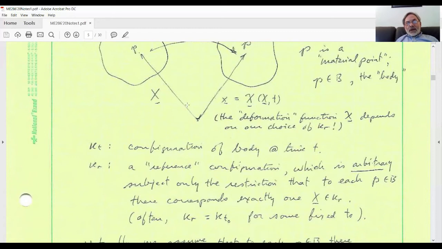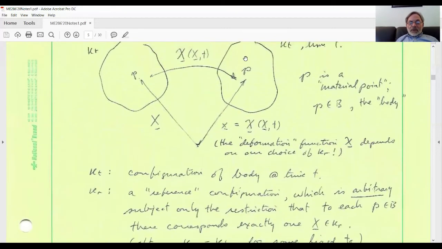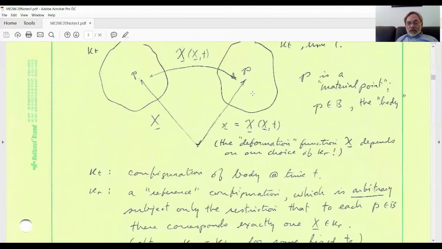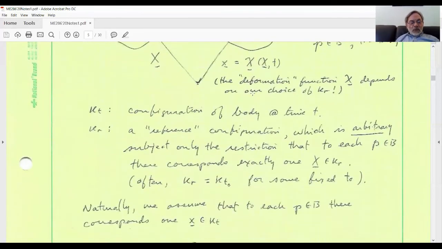So the body is in one-to-one correspondence, fixed one-to-one correspondence with the reference configuration. And the same for small x, right? Position in kappa t should be in one-to-one correspondence with the material points in kappa t, so that we could not have, for example, two material points occupying the same position at a given time.